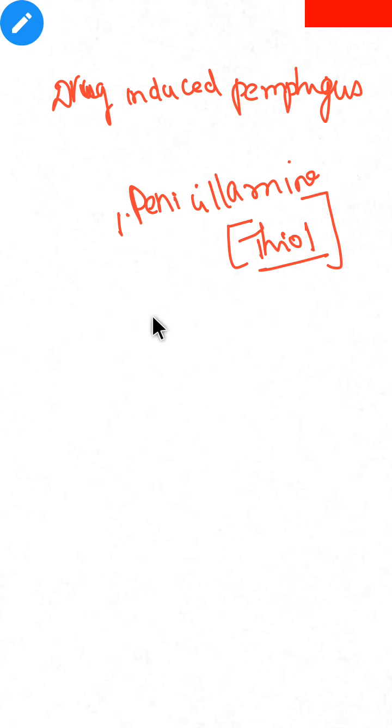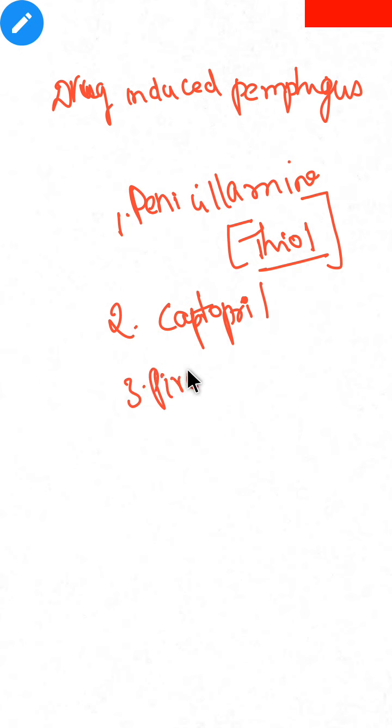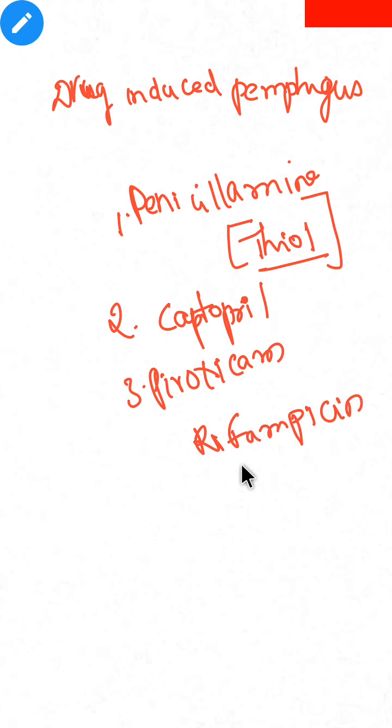And the second most important drug that results in pemphigus is captopril. Other drugs like piroxicam, rifampicin, phenylbutazone.